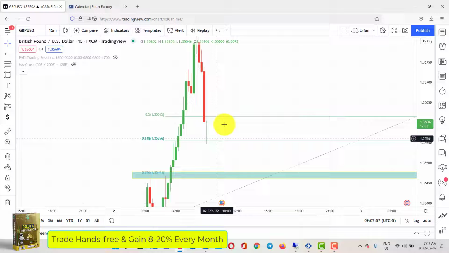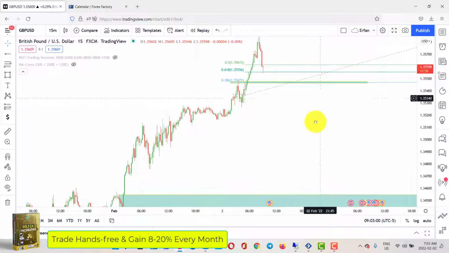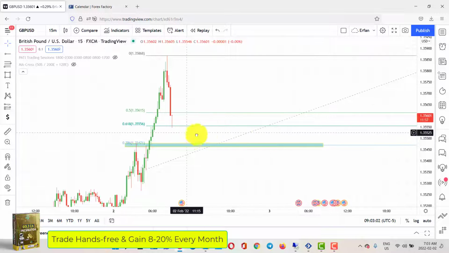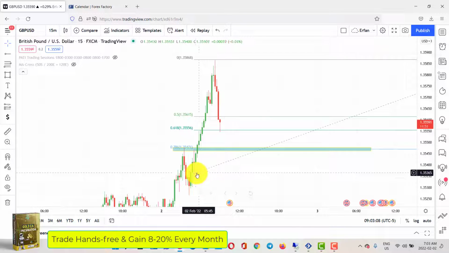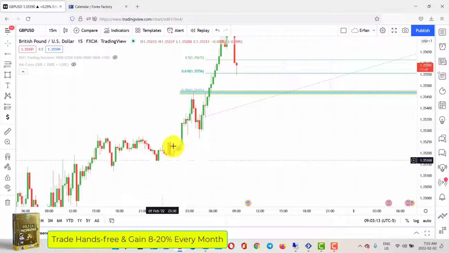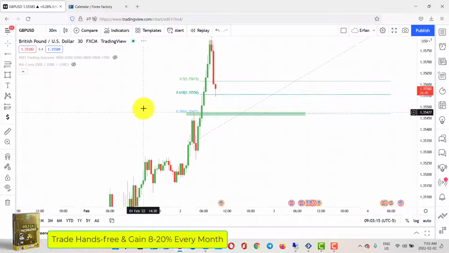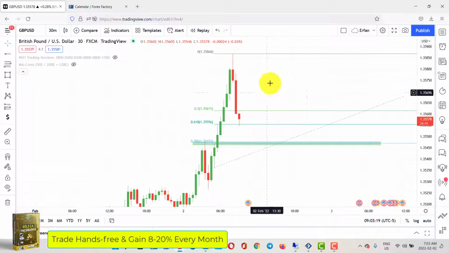I think this is a good one because our trend is definitely uptrend. Okay, so our first confirmation. The second confirmation is this pullback, and the third one might be because of this Fibonacci. And we don't have any high probability order block around here. It's super far, at least not in 30 minutes. I can't see anything.